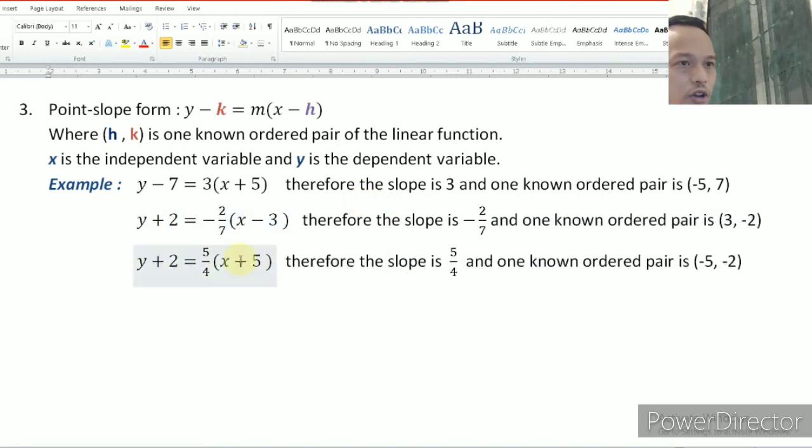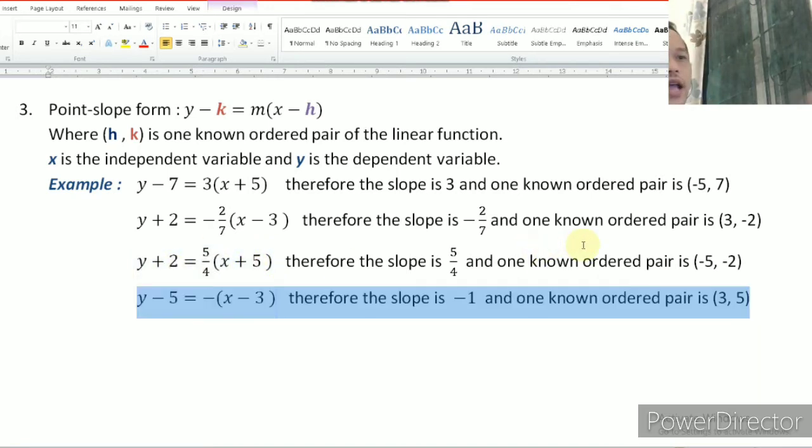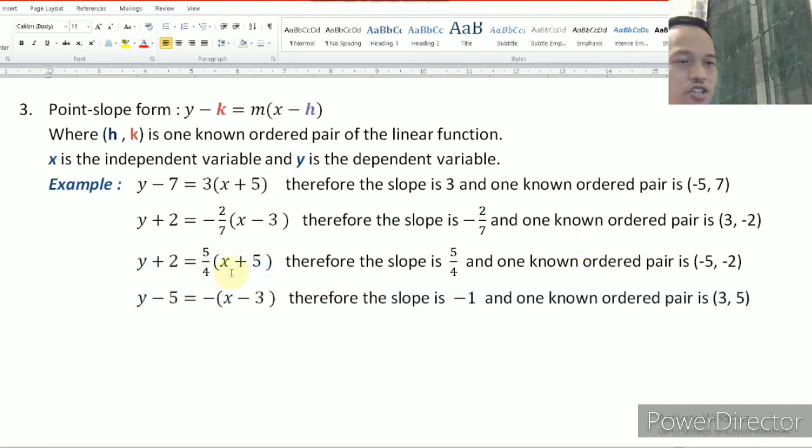If this is the equation, the slope is 5 over 4 and the one known ordered pair is (negative 5, negative 2). And the last example that I will give you: if this is your equation in the point-slope form, the slope will be negative 1, and the one known ordered pair is (3, 5). I hope that from these four examples, you have the idea of how to detect the (h, k) from the equation.